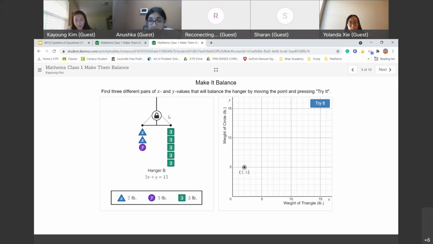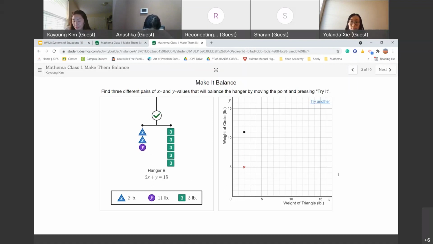I have 2 x's and 1 y and then 15. So what can I do? I could do 2 and 11. 2 and then 11.